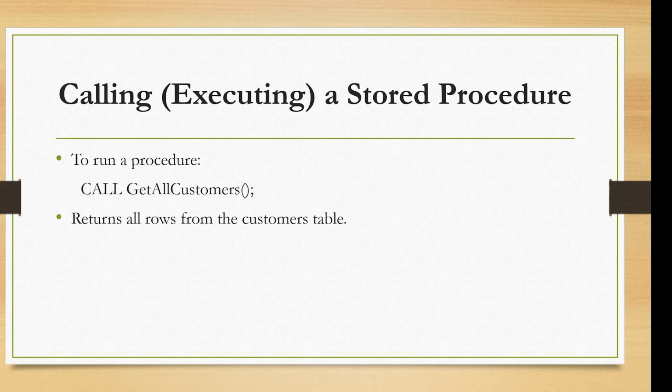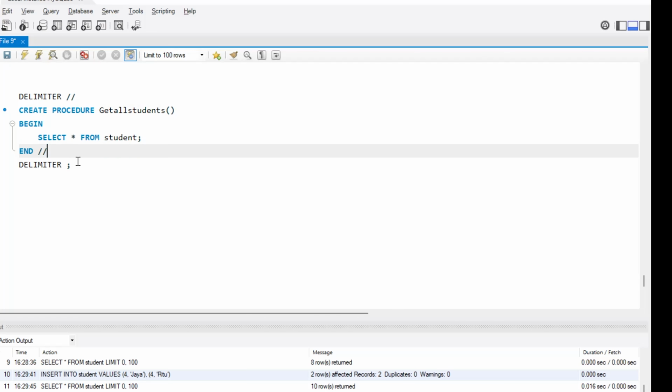So how do we call the stored procedure created in the MySQL database? To call it, we need to use the CALL keyword. So I will use this to call the stored procedure get all students.